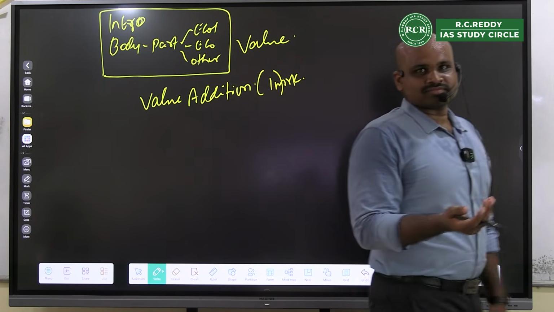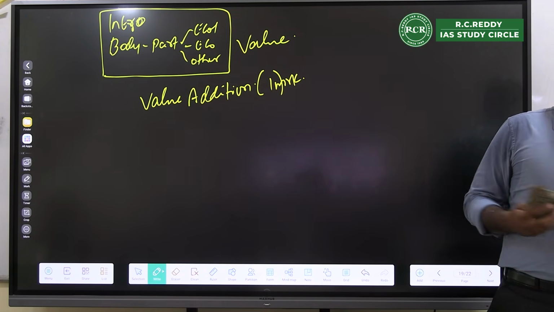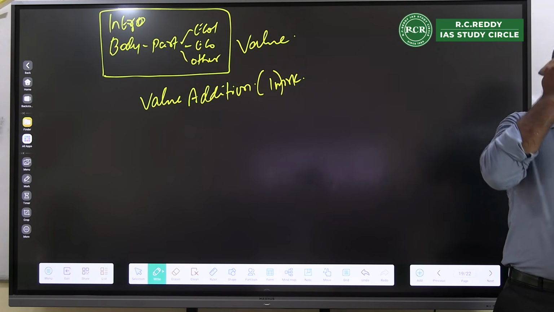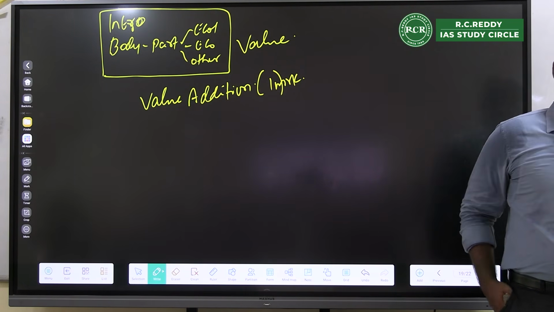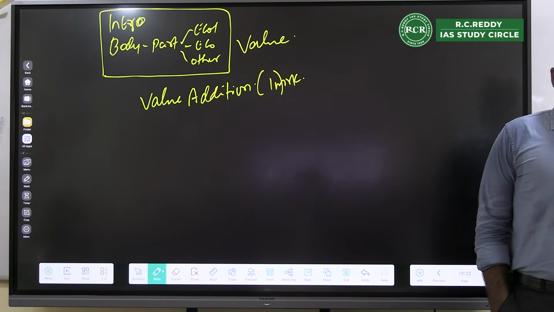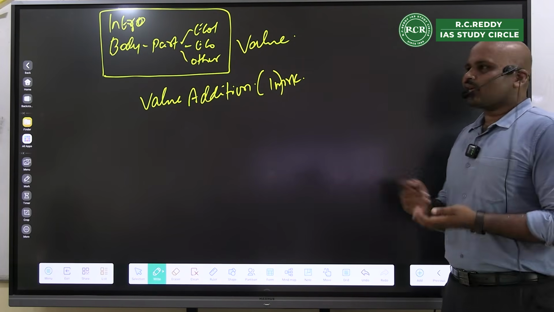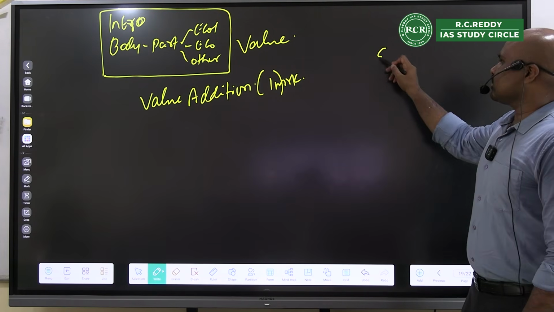Now tell me some kinds of value addition that I can do. Solar panel. Government schemes. Subsidies. Okay. I can simply draw a map.